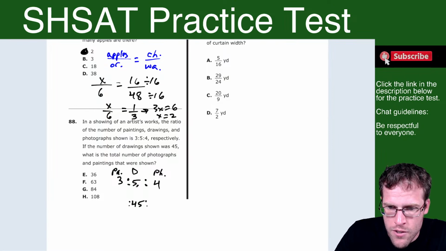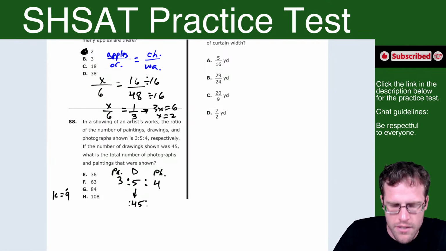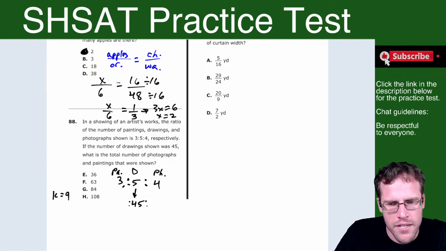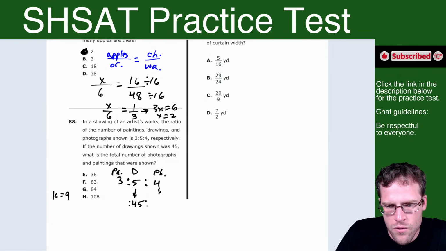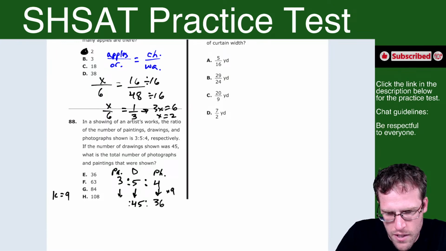Okay. So look for the scale here. I call that the K value because it has that similarity or dilation kind of idea. If I do 5 times 9, I get 45. If I do 4 times 9, so we're going to multiply by 9, we're going to get 36. And if we do this times 9, we get 27.